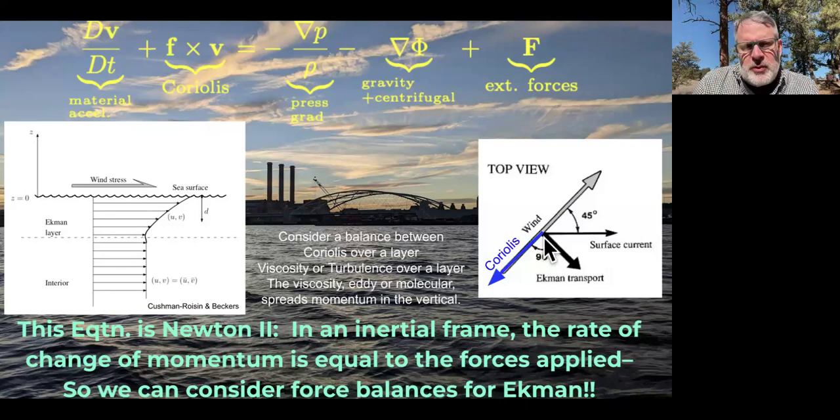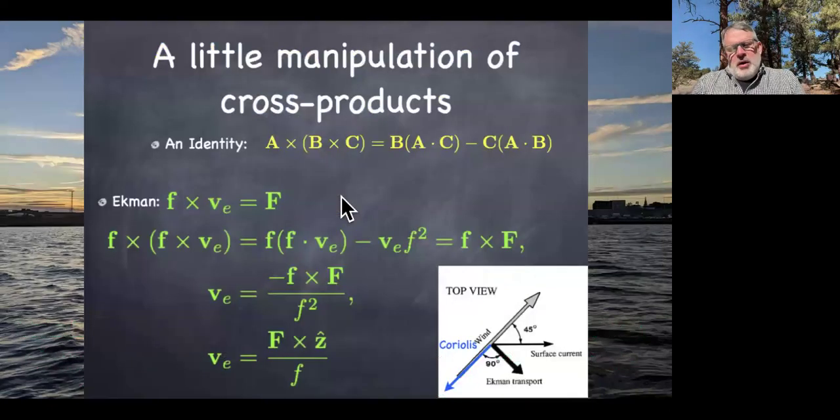So this is one balance, which is between the Coriolis term and the external forcing, or the friction term that's part of this external forcing term. We also can write this in a simpler way if we want, using the A cross B cross C equals back-cab rule, which some of you might have seen from vector calculus.